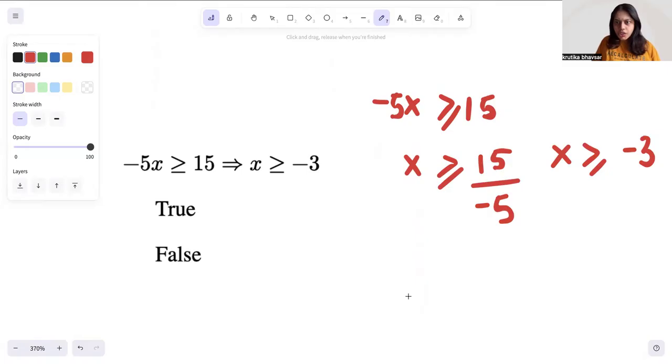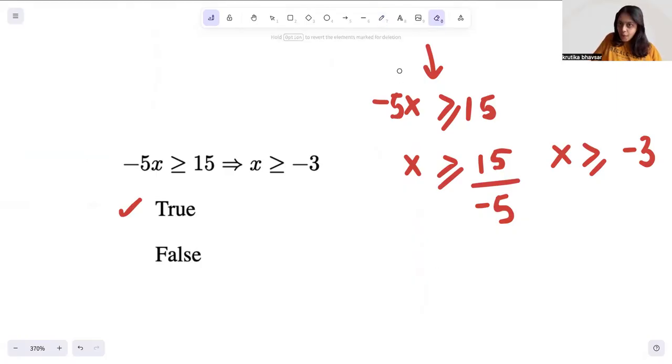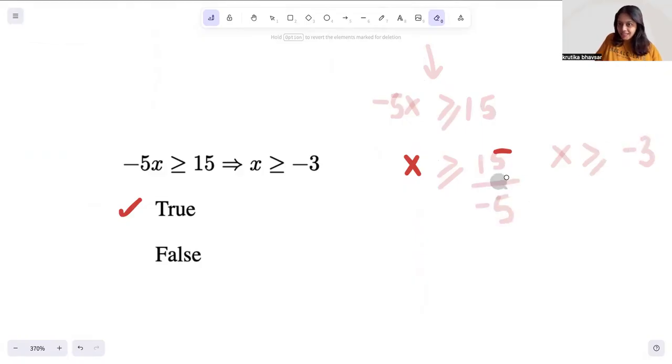And by that logic, this should be true. But is that really the case? Because most of the students do this approach and then they write the answer as true. But no, this is not true. And where is the problem exactly in this?